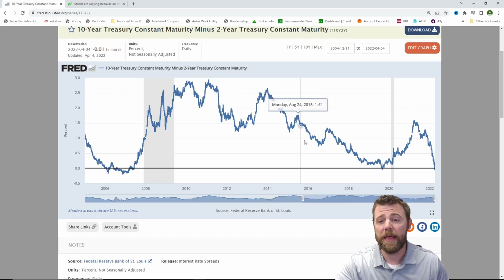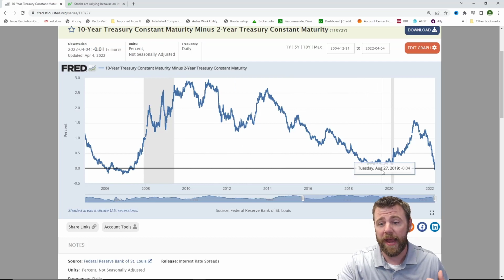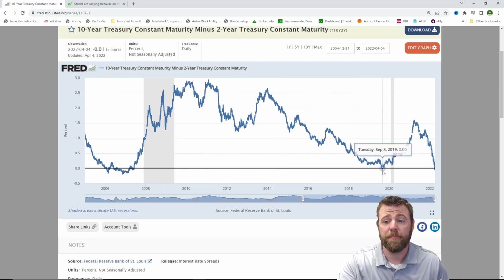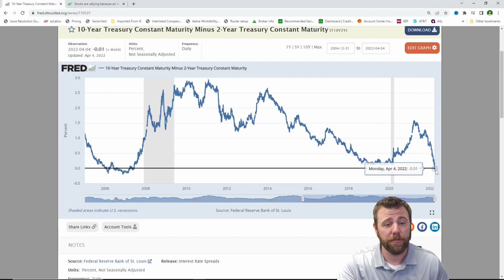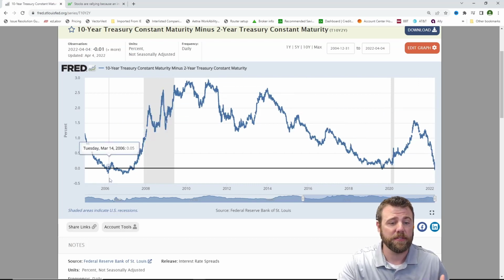Looking at the most recent data here, we had an inverted yield curve back in 2019. That stayed there for a very short period of time and then bounced back up, and now it's starting to come back down and actually inverted as of yesterday, Monday, April 4th. Looking back at 2006, 2007, leading up to that 2008 recession, we can see it dipped below for a brief moment, shot back up, then came back down for a second time.